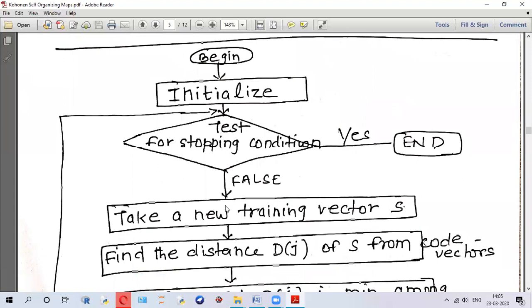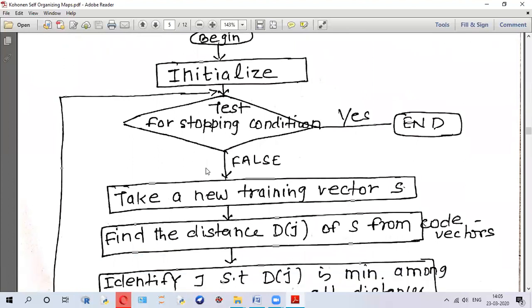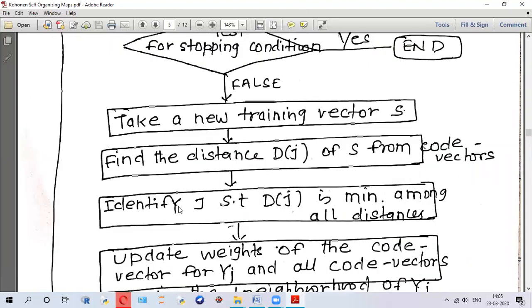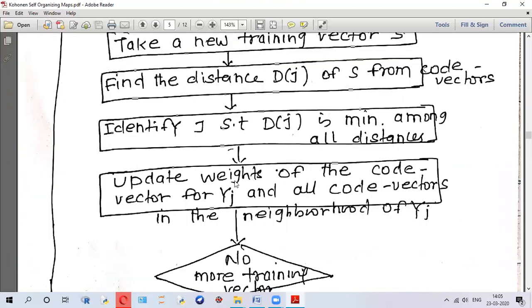If it is false, then we start taking the input patterns. Then we determine the distance between the input and the corresponding code vectors, right? Then we identify in which code vector the minimum value has been achieved. Then we update the code vectors corresponding to the winning neuron.